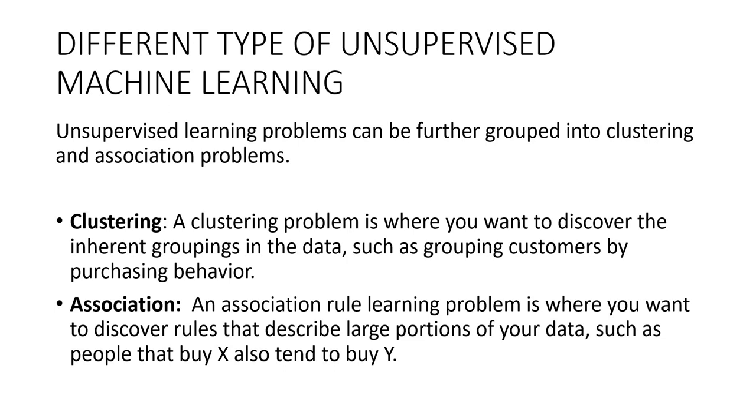Fine. Different types of unsupervised machine learning techniques we normally use are clustering. A clustering problem is where you want to discover the inherent groupings in the data, such as grouping customers by purchasing behavior. This is one good example you can understand. This is clustering. Then association.